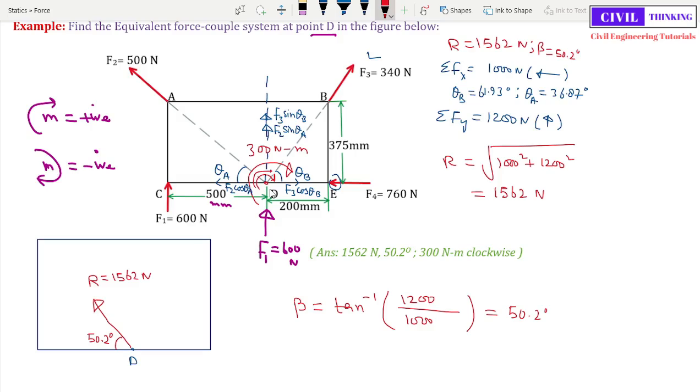Since we have only one moment at point D, the summation of moment at point D is 300 Newton meter clockwise. So this is the equivalent force couple system of this parallel force system. This is how we solve the problem.